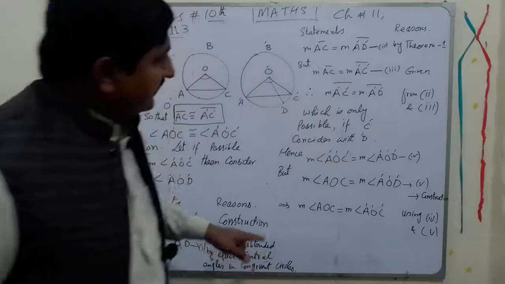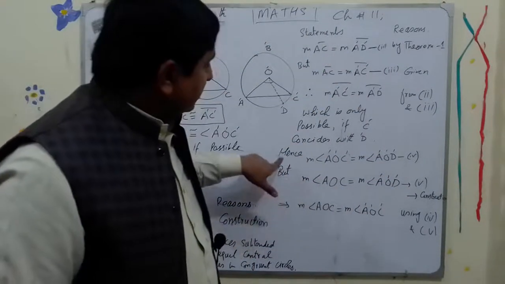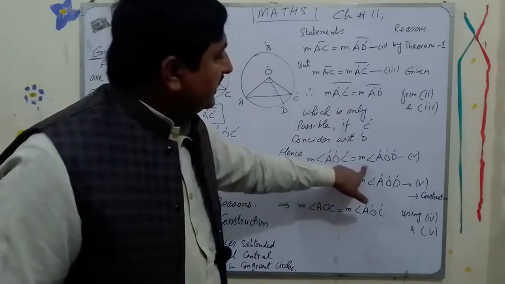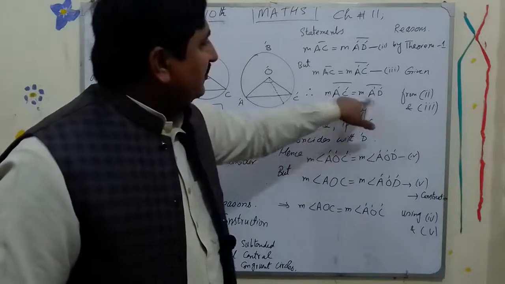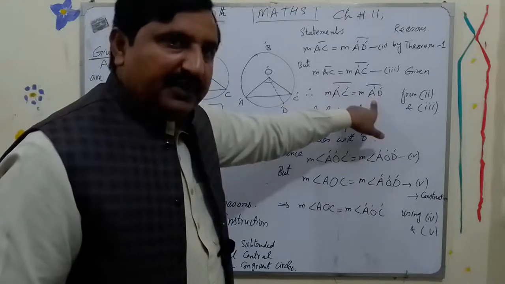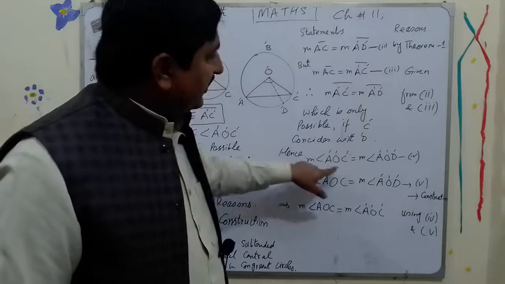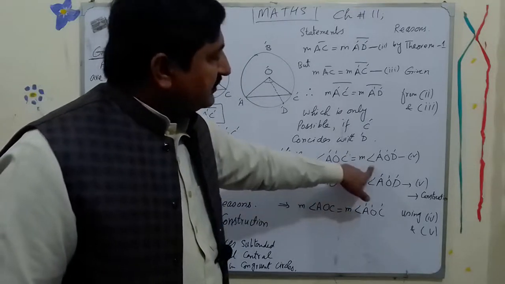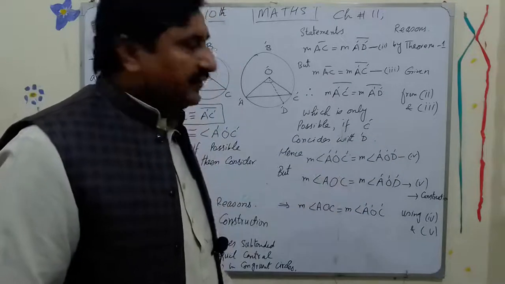Hence angle A prime O prime C prime is equal to angle A prime O prime D prime. Why do we say this? Because both the arcs are equal, measure arc A prime C prime equals measure arc A prime D prime. When these two arcs become congruent, then their corresponding central angles must be congruent. So angle A prime O prime C prime is equal to angle A prime O prime D prime. This was notated by equation 4.